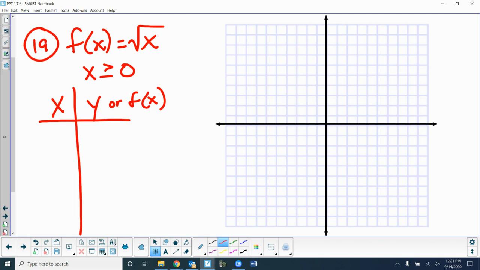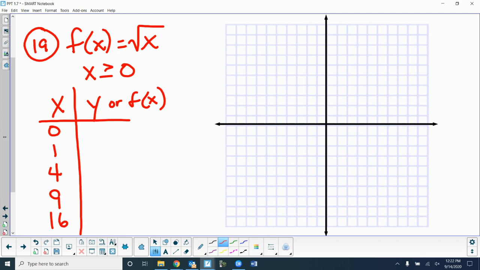Now, what are easy numbers to use if I'm doing square root? 4. Yeah, 4 would be an easy one. What else? 9, 1, 0, 16, yeah. Those types of numbers, which are what again? Perfect squares. So make it easy on yourself.